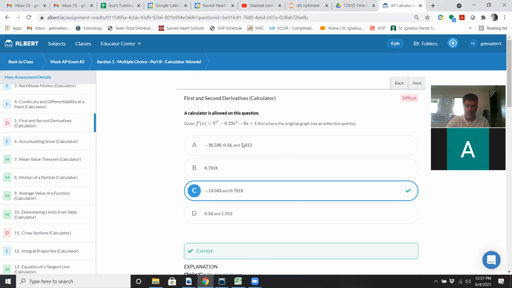So you want to find the points of inflection. They give you the derivative, so you're going to need to find the second derivative. And you want the second derivative equals 0 and actually changing sign for a point of inflection. So here's what you're going to do. You're going to graph this. You're going to go to y equals.